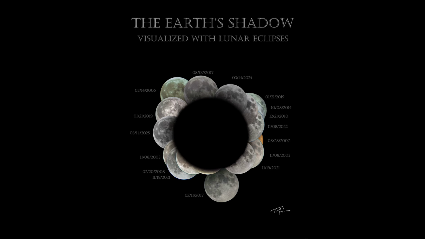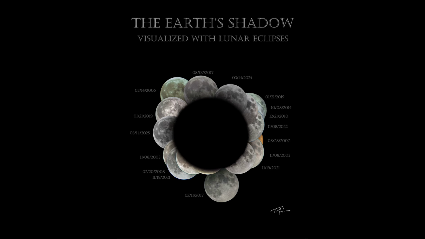There will still be a small portion of the moon that does not pass into Earth's shadow, and a small portion, therefore, that will be directly illuminated by the sun. Normally, partial eclipses aren't all that amazing to look at, but because this one is so close to being total, it's a good chance to see a nearly total lunar eclipse coming up in just a few days. Where are we going to be able to see this?